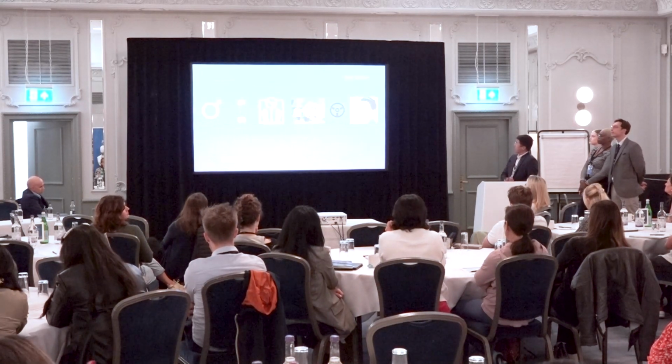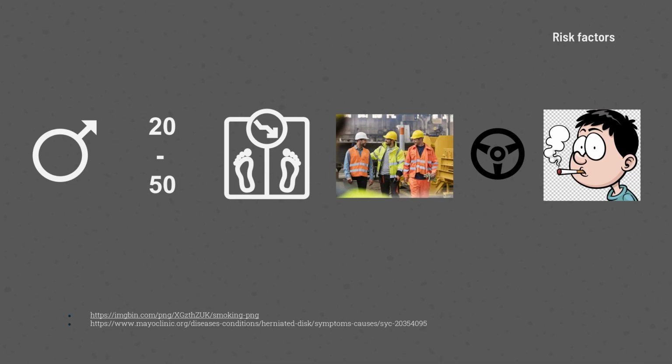So next, a bit on risk factors. These are factors that might increase the risk of herniated discs. Males around 20 to 25 often have increased risk. They tend to stereotypically go to the gym for heavy use or lift improperly. Also people with obesity and increased weight, because you put more load on your lower back.